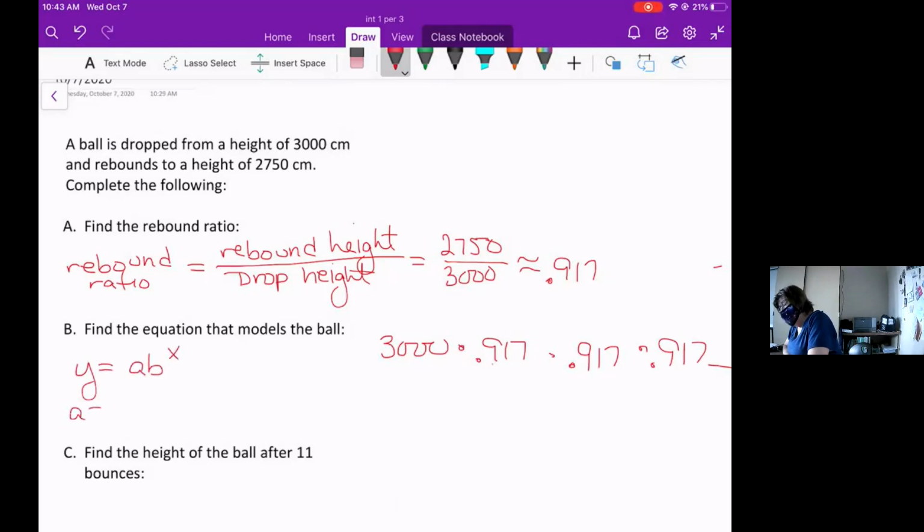Where A is the starting height. B is my ratio, also called the multiplier. What are you multiplying every time? And X is the number of bounces.